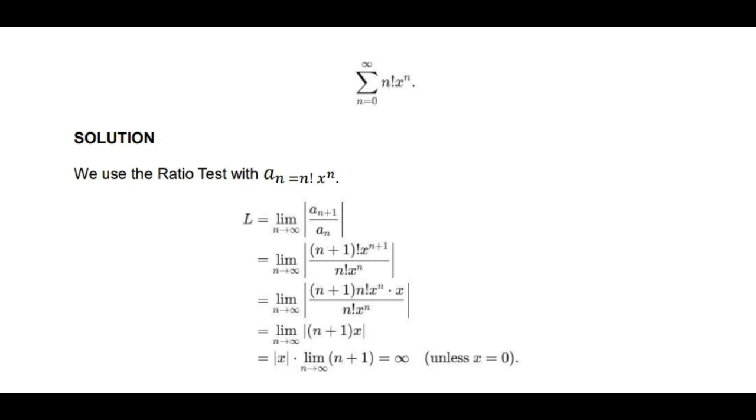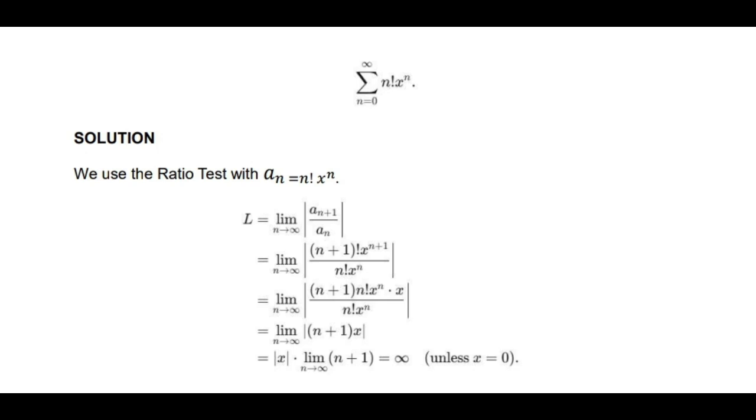So we have the limit as n approaches infinity of the absolute value of (n+1) multiplied by x, because the n factorial and the x^n are cancelled, so we remain in this way. Now we apply the limit. For the absolute value of x, we separate it and then we find the limit of n+1 as n approaches infinity, which equals infinity.